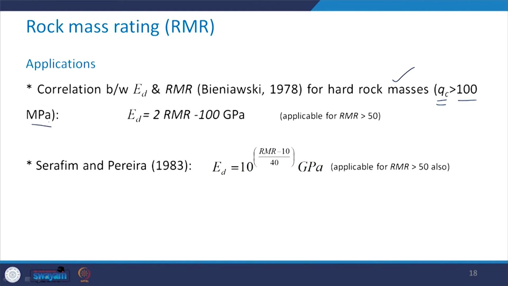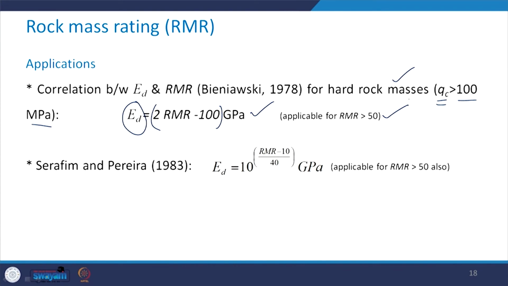So for that you will have this expression, that is ED equals 2 RMR minus 100, in GPa, that is gigapascal, and this is applicable for RMR more than 50, because if RMR is less than 50, this ED will become negative, which is physically not possible. So it has a condition associated with it, that it is applicable for RMR greater than 50.